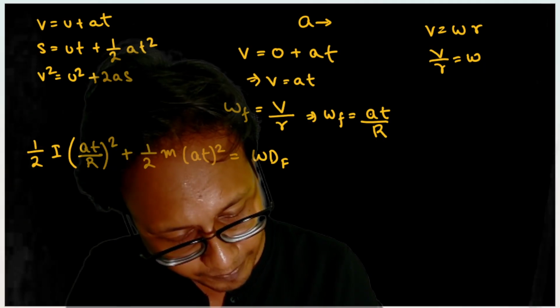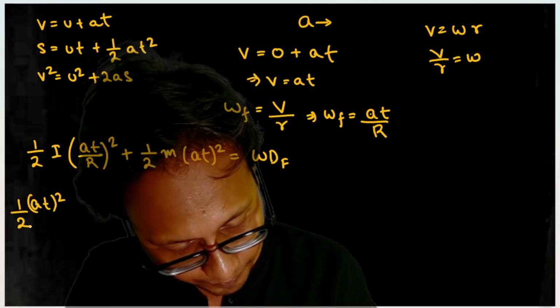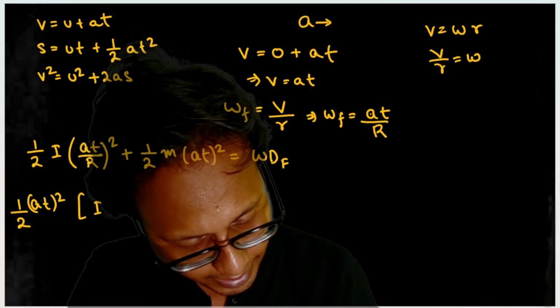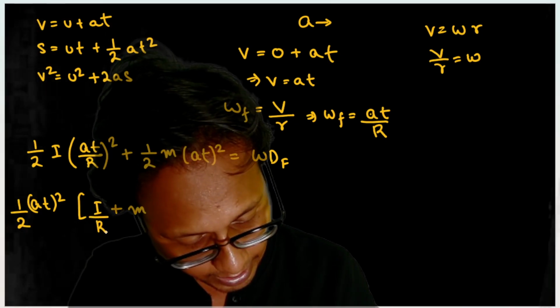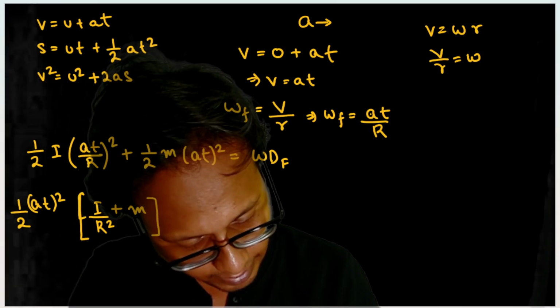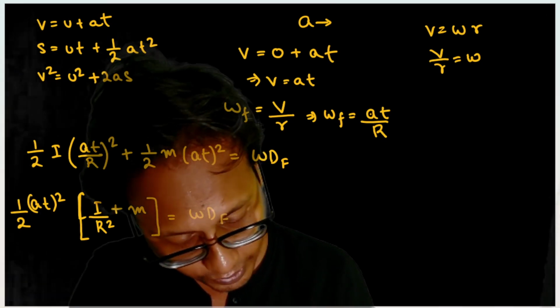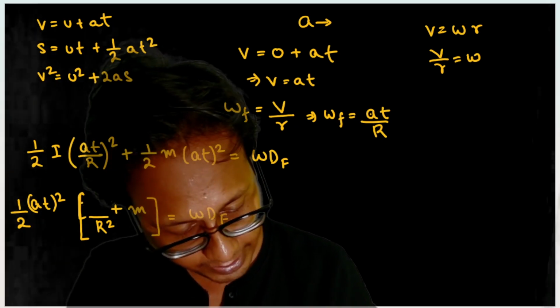So let me just simplify this term. I'll take a square t square common. I'll take half also common. And what will I get remaining? I by R square plus m from the second term, is equal to work done by force F. The value of I is nothing but y m R square, as given in the question.